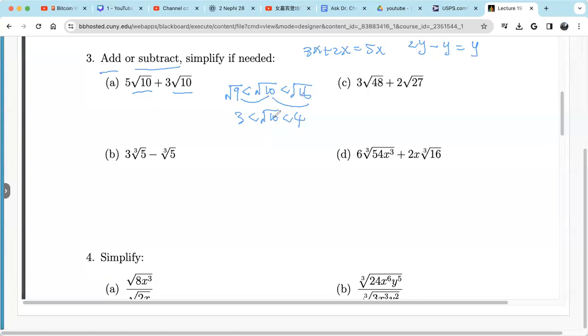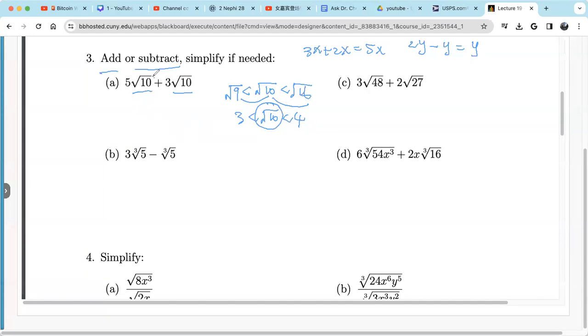So we know square root 10 is 3 point something, less than 3.5 because it's closer to square root of 9. But that's an approximation. We don't want to do approximation anymore in college. We want to keep it as it is, because then it's accurate. It's not an approximation. So let's get used to this notation. Square root of 10 is just an irrational number.